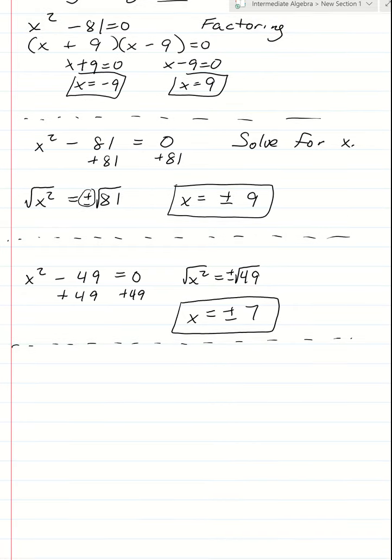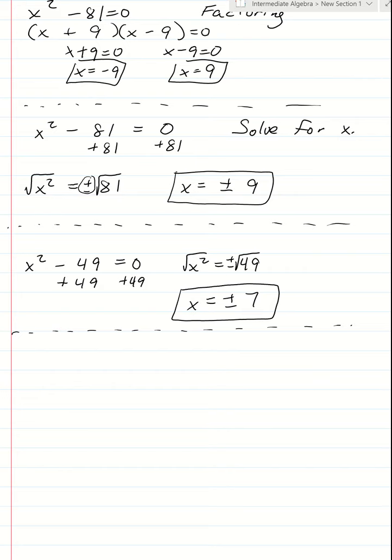Now, what if we had something like this? X squared minus 48 equals 0. Now, unlike the first problem, x squared minus 81 and x squared minus 49, those were in fact factorable, and you could have used factoring as your way of solving those quadratic equations.